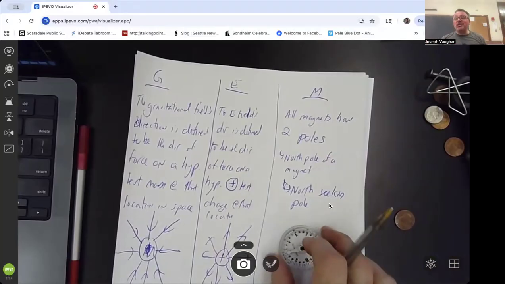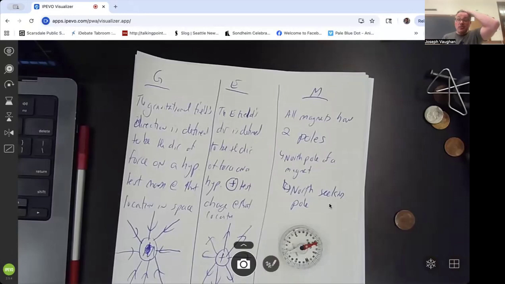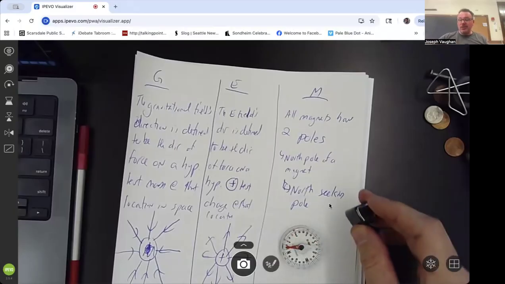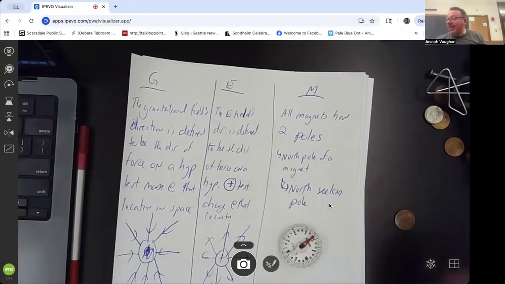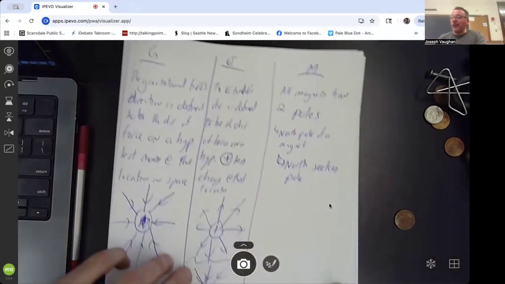This was the first device that we used in order to see magnets. And then we also noticed that if I bring another magnet near my compass, it started pointing in different directions. And therefore, we came up with the following definition.